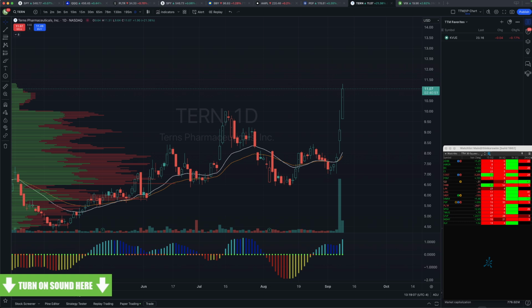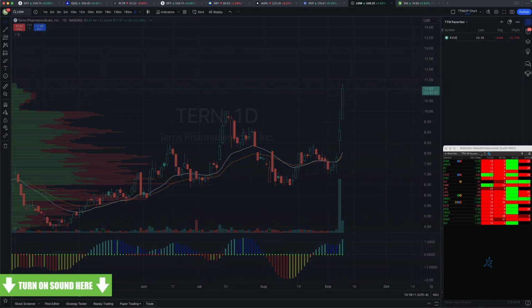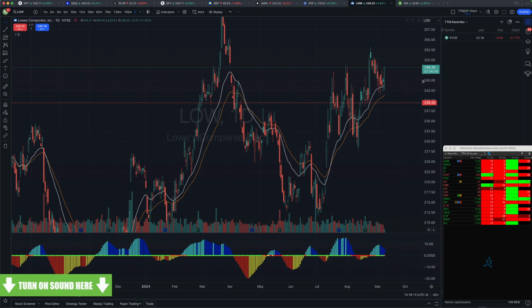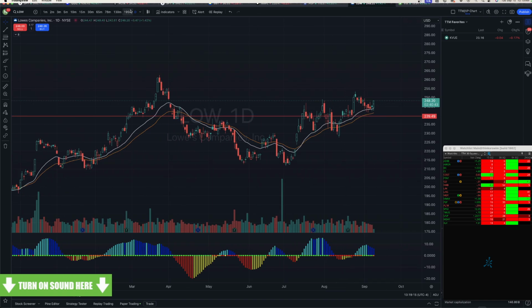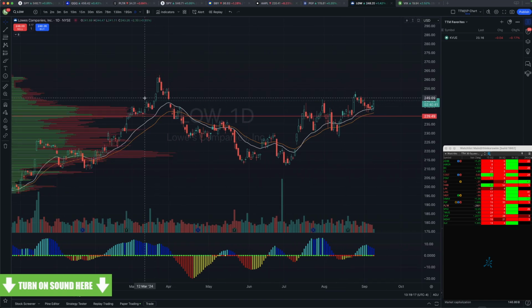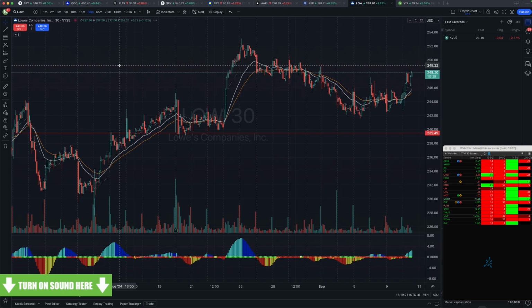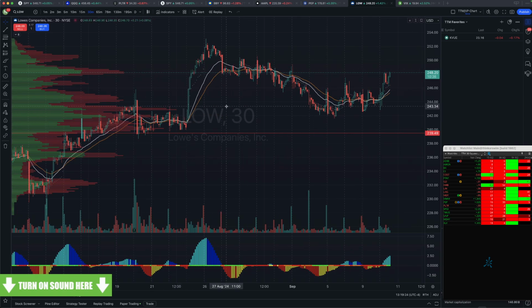Let's see. We've got Lowe's. Yeah, Lowe's looks pretty good on the daily. It's a little extended at the moment. Right. Our goal is to buy down here at support and sell into resistance.